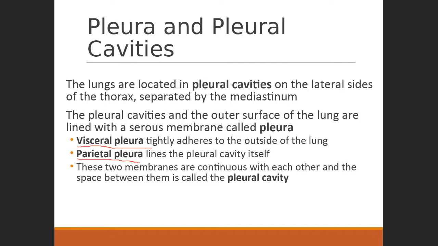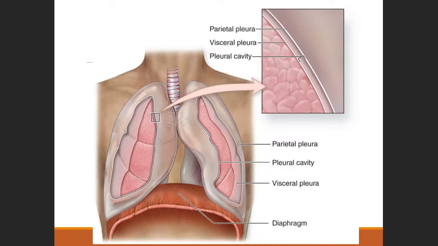The pleural cavity is only the space found in between. Our visceral pleura sits right on the lungs, our parietal pleura sits just out from it. Therefore, the space in between is only what we consider the pleural cavity. Remember, the pleural cavity surrounds the lungs. The lungs are not found in the pleural cavity.